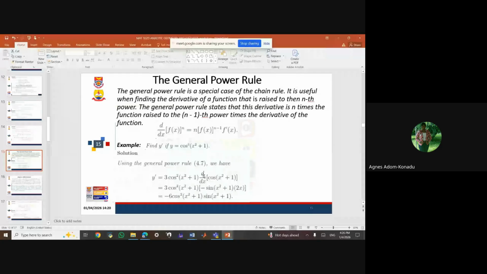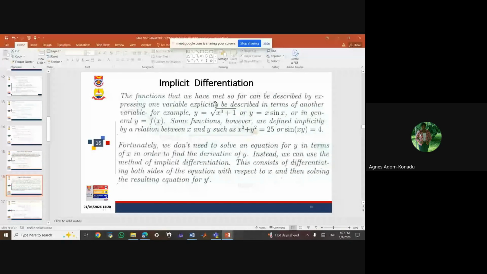The functions we've met so far can be described by expressing one variable explicitly in terms of another. For example, we have y equal to this, or in general, y equal to f of x, and others such as x squared plus y squared is equal to 25, or sine of x squared y is equal to 4.